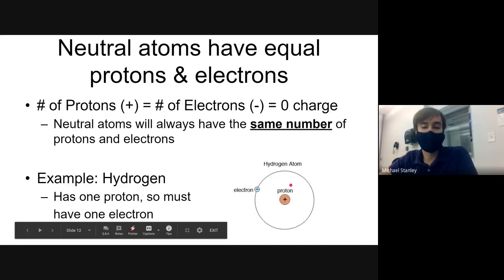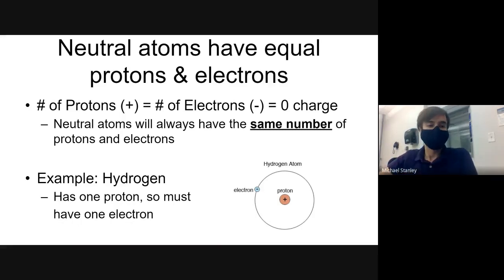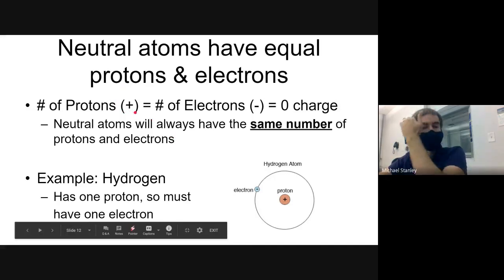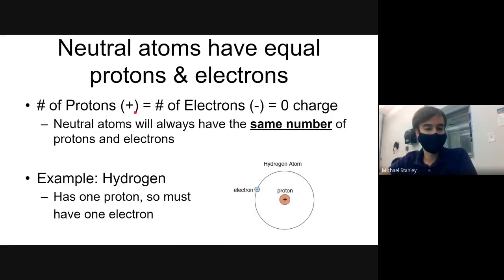One proton, one electron. The plus and the minus have to cancel each other out. They have to balance each other. So for the electrons, it doesn't matter how many neutrons that we have. All that matters is that we are equal to our protons.